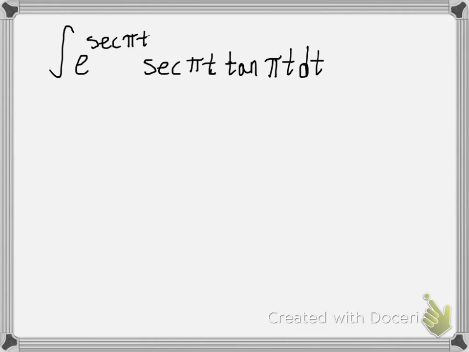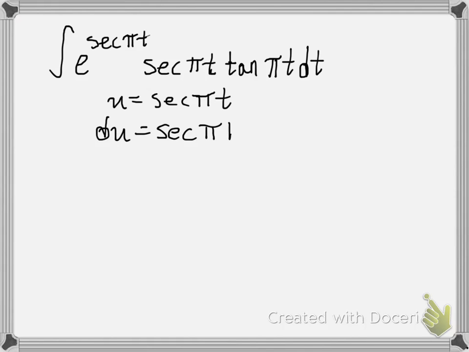We'll let u equal secant pi of t, du will equal secant pi of t tangent pi of t, and then the derivative, remember we have a chain rule in here, the derivative of pi t is just going to be pi.